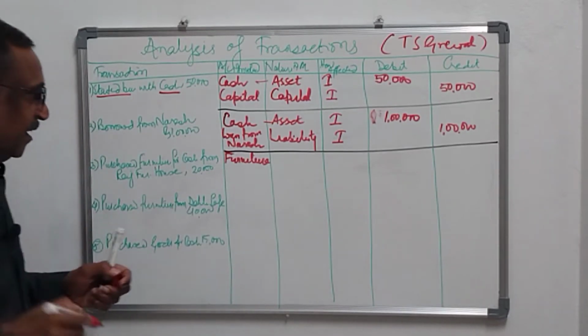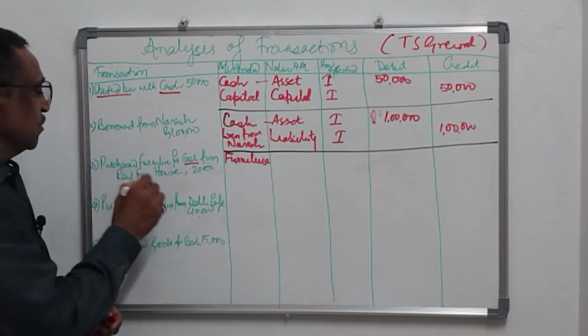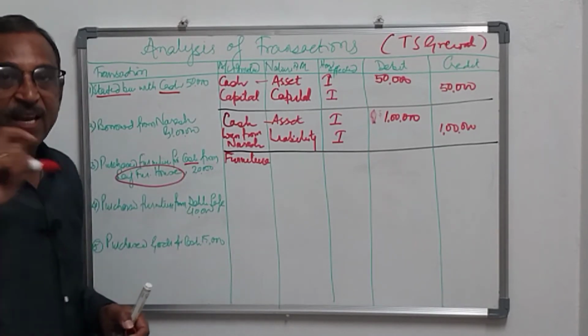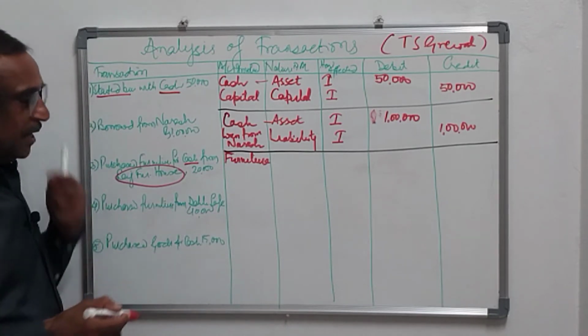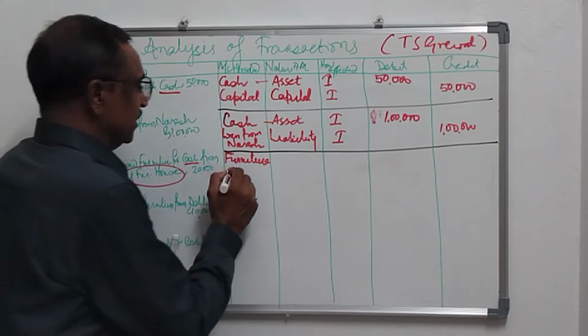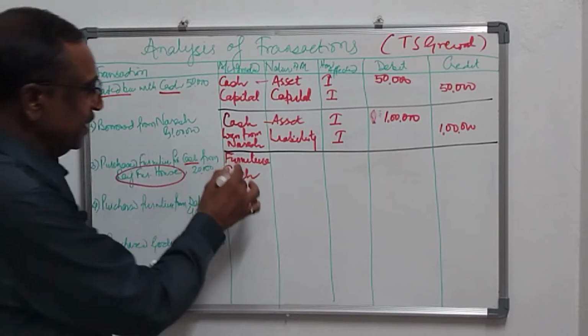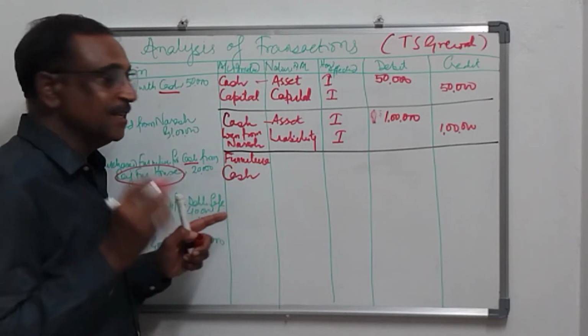And now here we have to see, since this is a cash transaction, we are not concerned with the name of the firm or company. So the other account involved is cash, because you are paying cash. The cash of your business is decreasing.